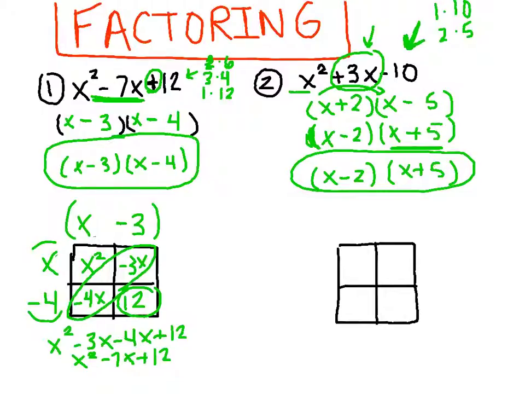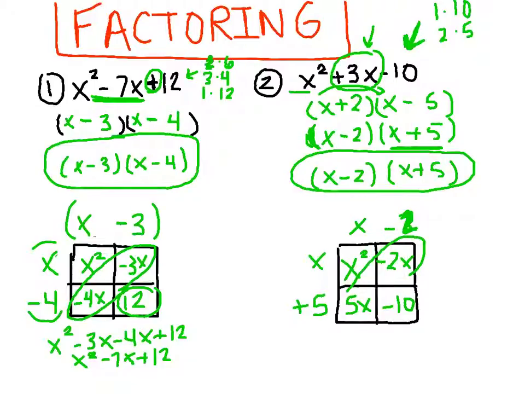Now using the box method, x squared will be in the first box, negative 10 will be in the last box, and we know that one of these is positive, one is negative. So 5, so that'll be a 5x, and then negative 2, so it will be negative 2x.